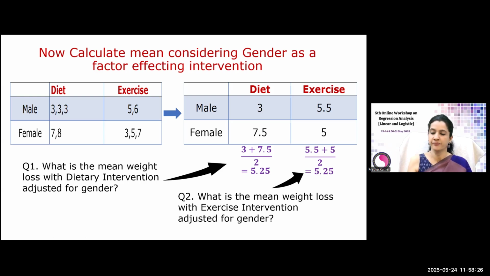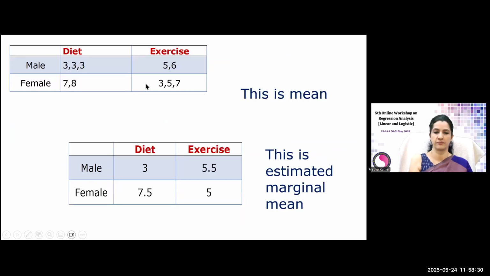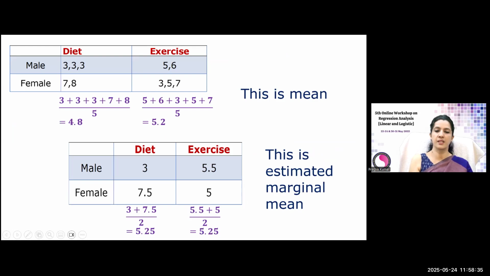Okay, so if it is the same, this is the marginal mean. When I was taking this mean, this is the traditional mean. And when I took it like this, this is the estimated marginal mean. So if you have understood, you don't have to do this again. This is just to make you understand that you have to report the adjusted means also.